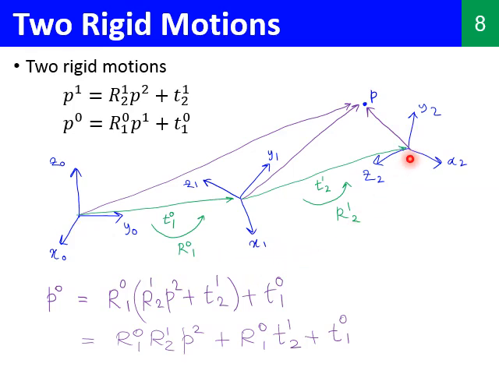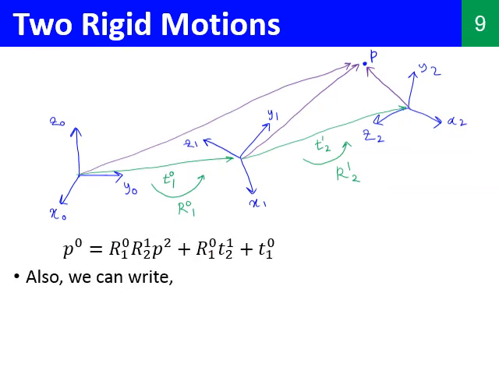So P2 is this vector, and we take the P2 vector and rotate it into frame 0. And after that we have to add these two translation parts. This one is straightforward because it is already in frame 0. But this vector is in frame number 1, so it has to be rotated back to frame 0. So this one does that part. Finally we have this final answer for P0.